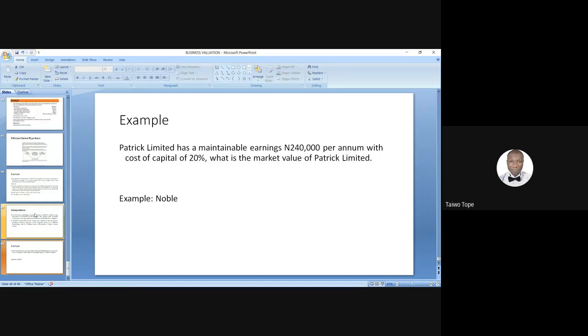The rate to consider is the cost of capital, 20%. So the answer is 1.2.